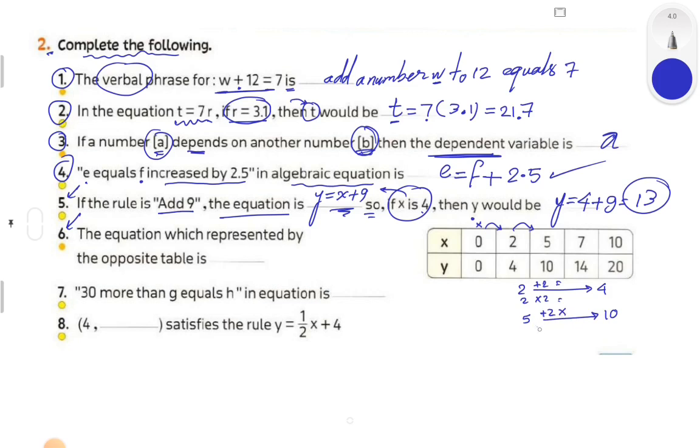But 5 by 2 equals 10, right? So 2 by 2 equals 4, 5 by 2 equals 10. Go to the next: 7 by 2 equals 14, 10 by 2 equals 20. And 0 by 2 equals 0, because 0 multiplied by any number equals 0. Now the rule is multiply by 2.